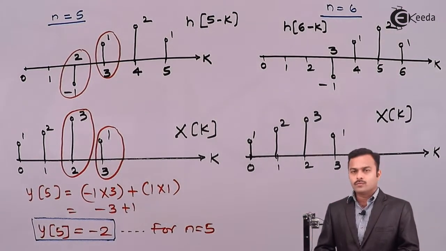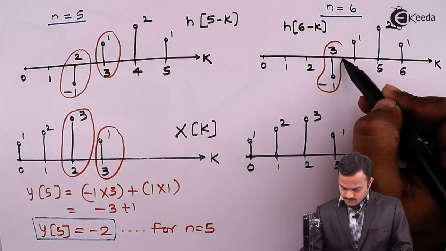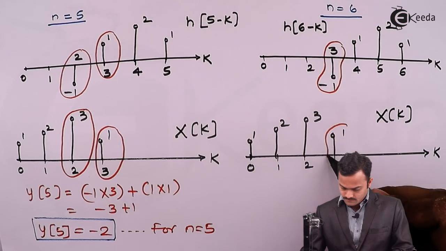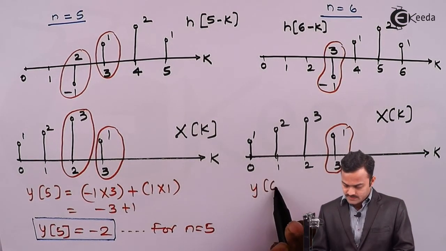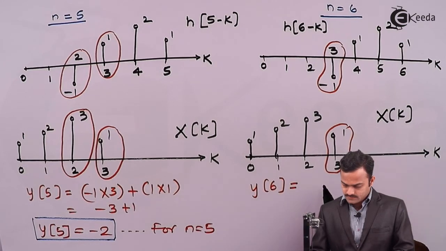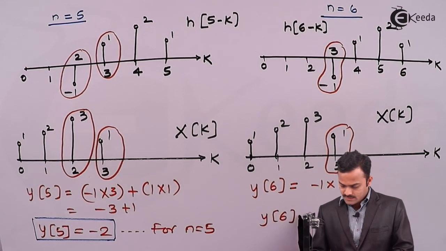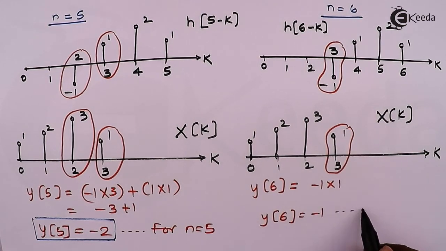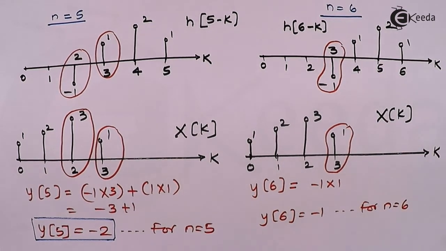So here we are getting only one sample common. So y of 6 is nothing but -1 multiplied by 1. So y of 6 we will get as -1 for n equal to 6.